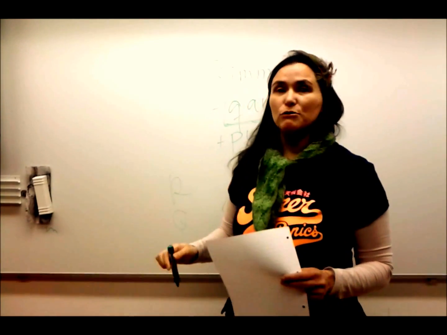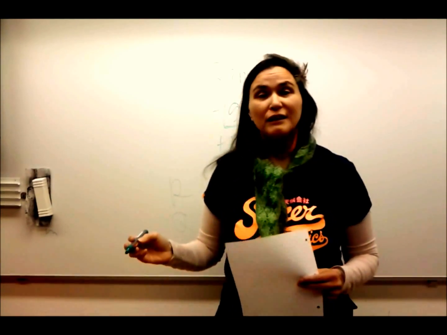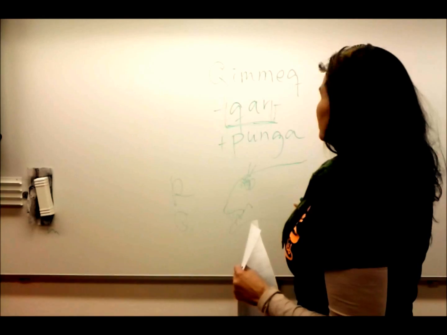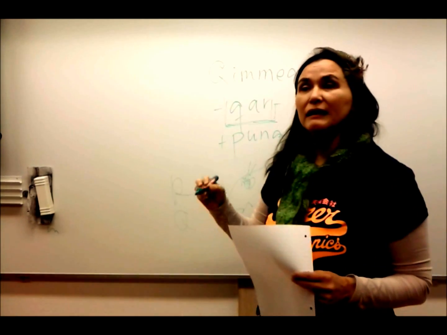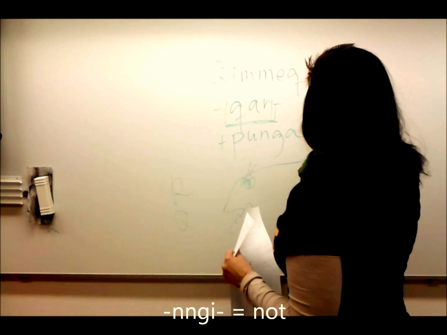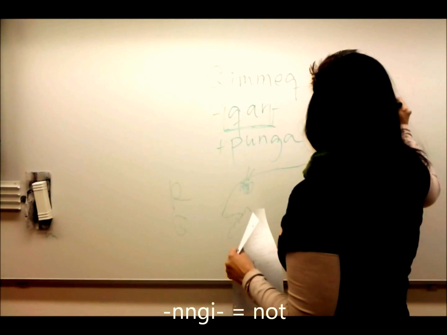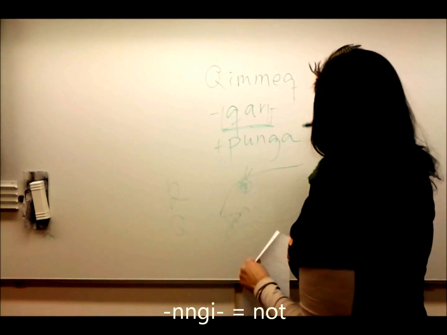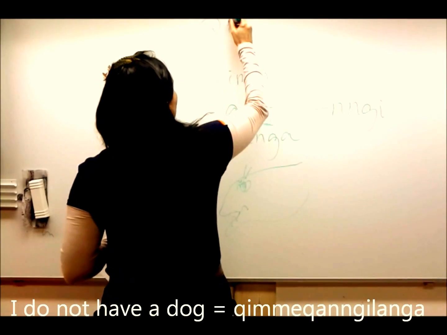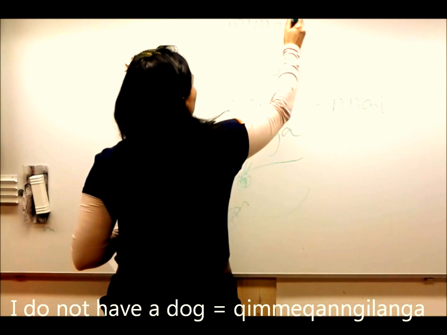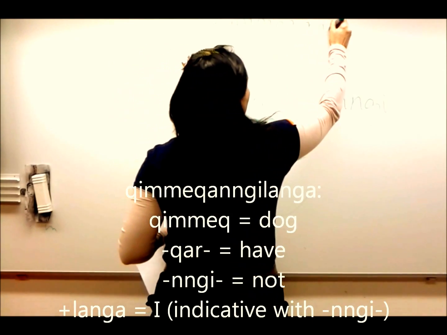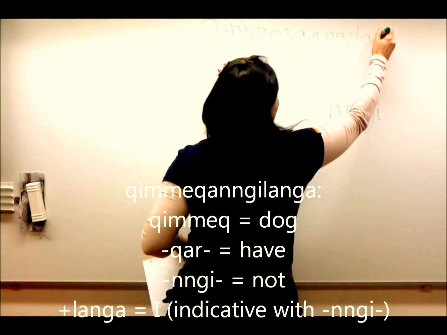And if I want to say I don't have a dog, I would put the -nngit, which means not. I do not have a dog becomes then Greenlandic.